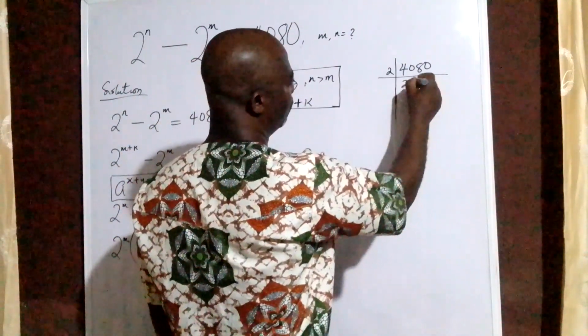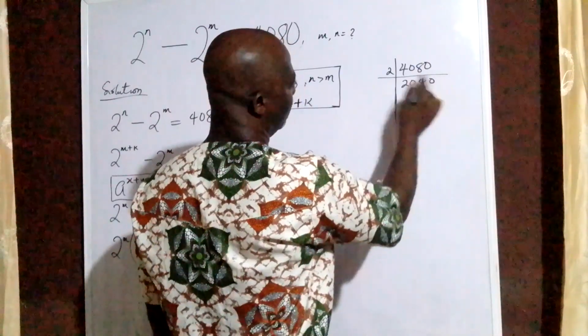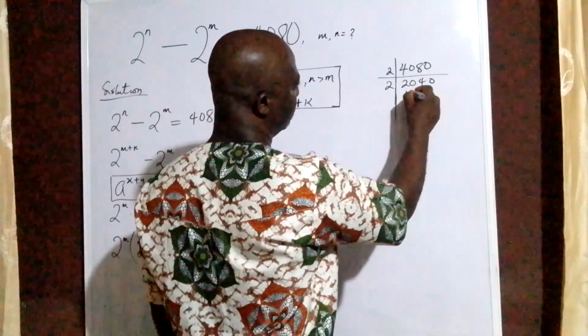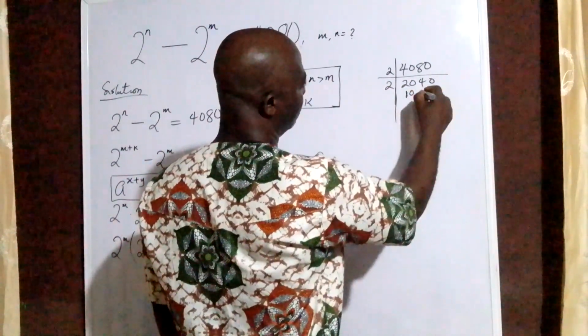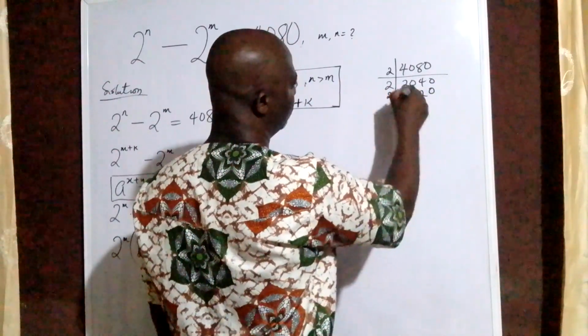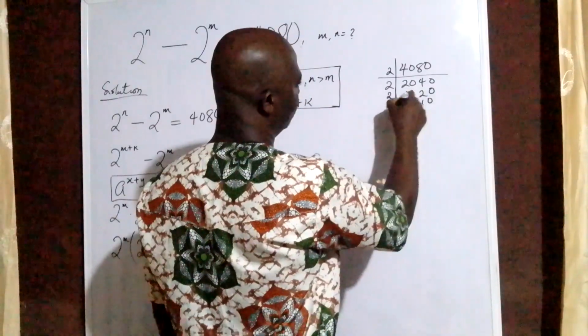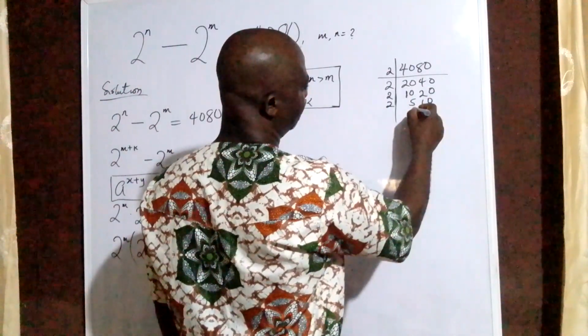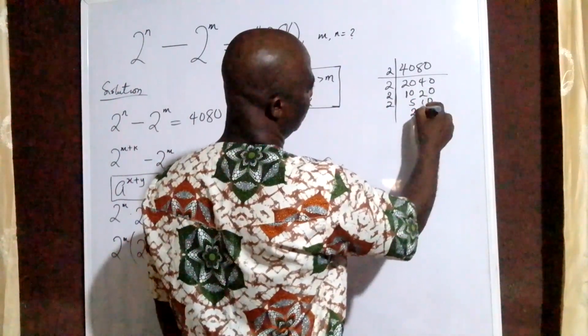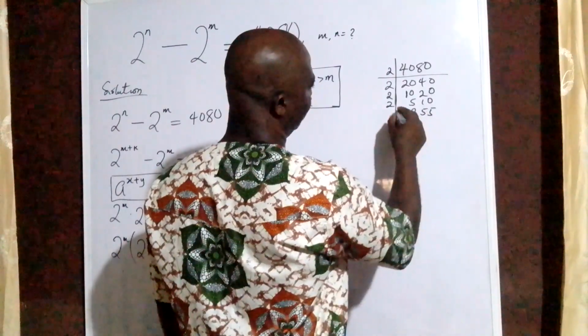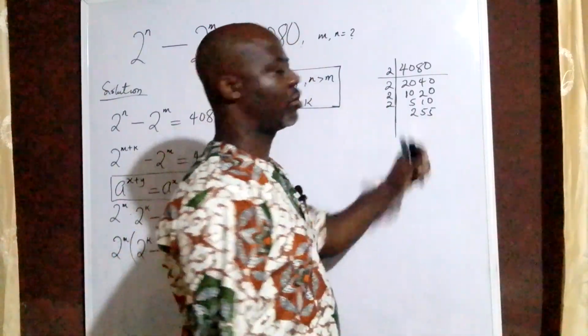So we have 2040. This is also divisible by 2. We have 1020, still divisible by 2. We have 510, still divisible by 2. And then we have 255. Okay, I think I should just stop here for now.